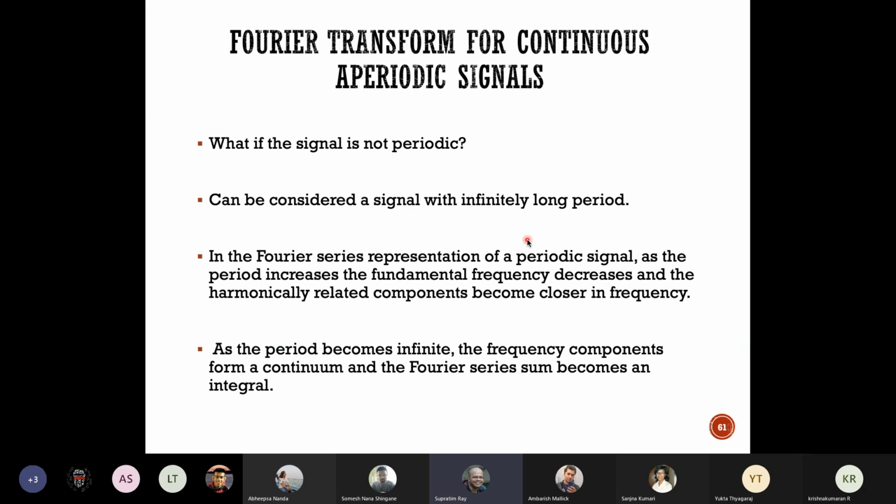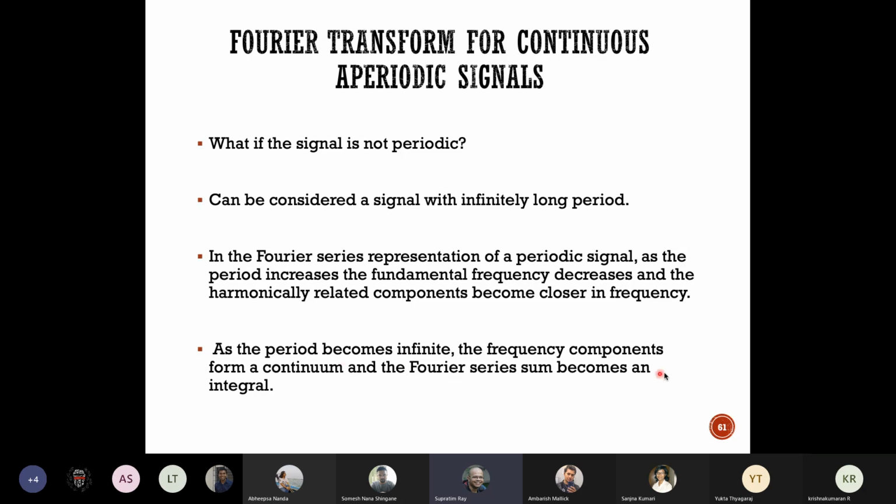So what if the signal is not periodic? Well, the answer is that it can be considered as a signal which has a very, very long period, an infinitely long period. In a Fourier series representation of a periodic signal, as the period T increases, the fundamental frequency 2 pi by T decreases, and therefore the harmonically related components become closer in frequency.